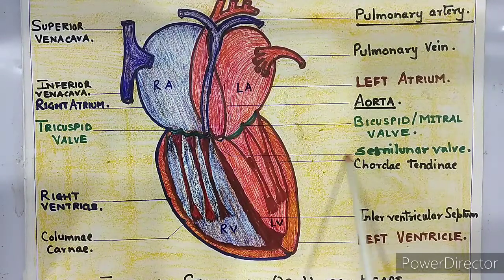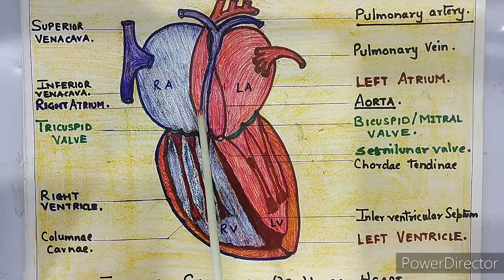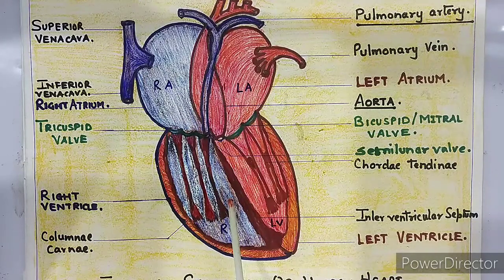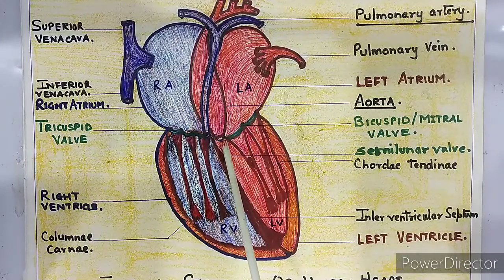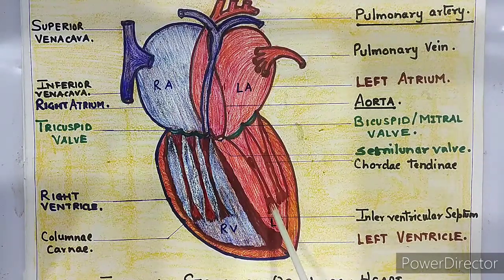Now, children, this valve prevents the backflow of blood. It doesn't allow the deoxygenated blood from the pulmonary artery to come back into the heart. At the same time, this semilunar valve present at the onset of the aorta doesn't allow the oxygenated blood to come back into the left ventricle.